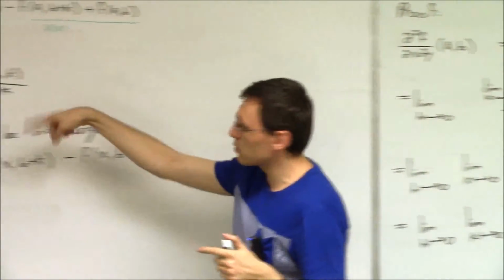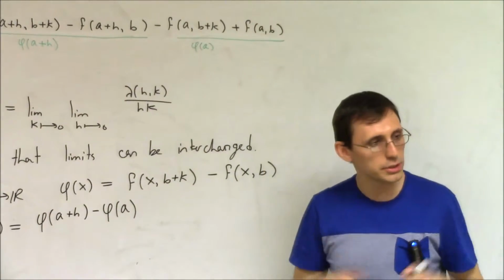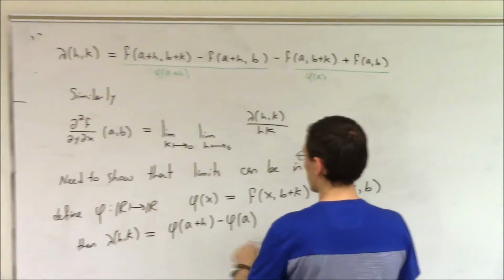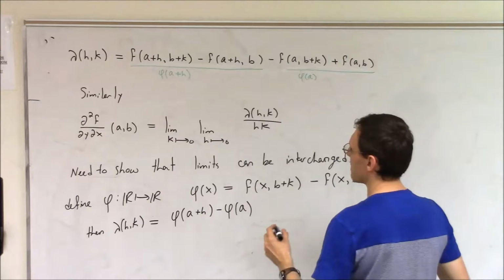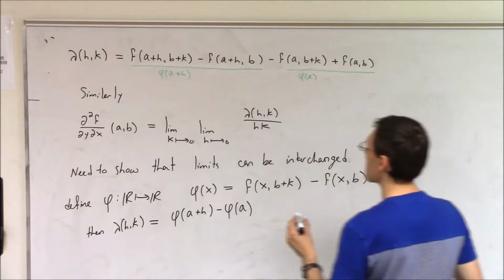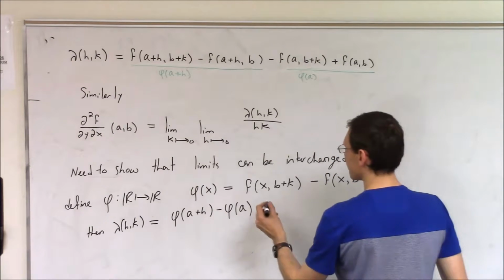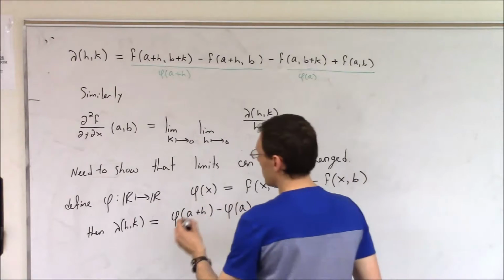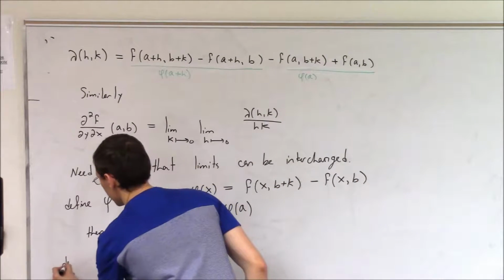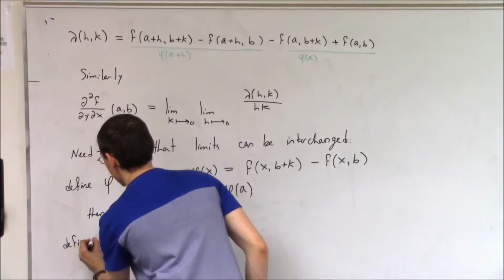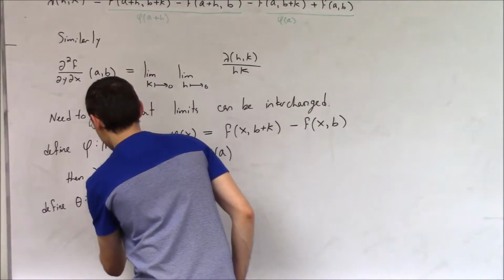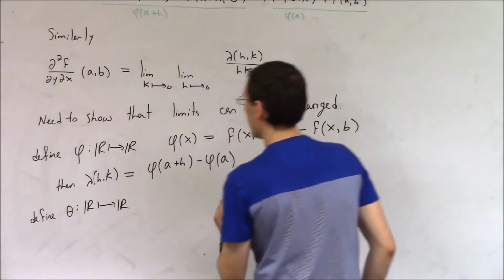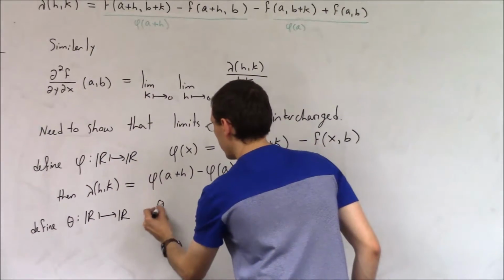Okay, I'm going to try to draw you the intuition for that. That's a little bit challenging. So this is lambda of hk. It's phi of a plus h minus phi of a. Let me also define another function, theta from R to R, defined by theta of y.